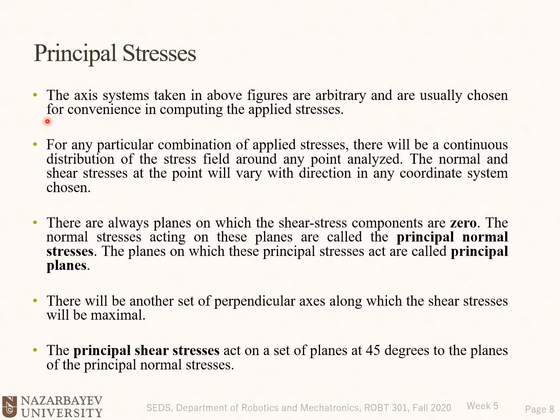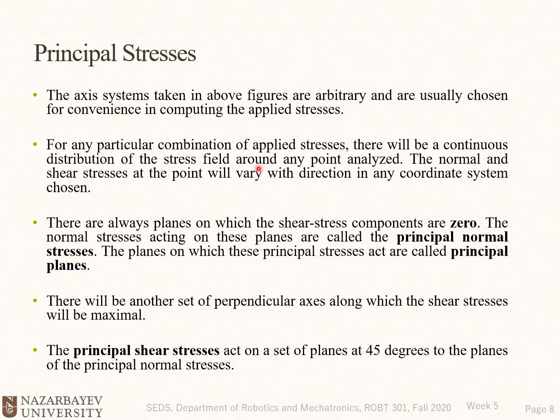For any particular combination of applied stresses, there will be a continuous distribution of a stress field around any point analyzed. So for any applied stresses, we could have a distribution of stresses or a specific stress tensor for that point.